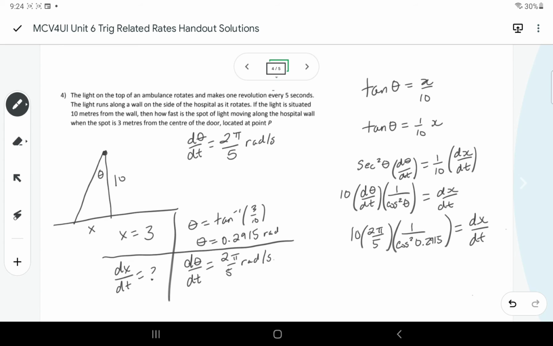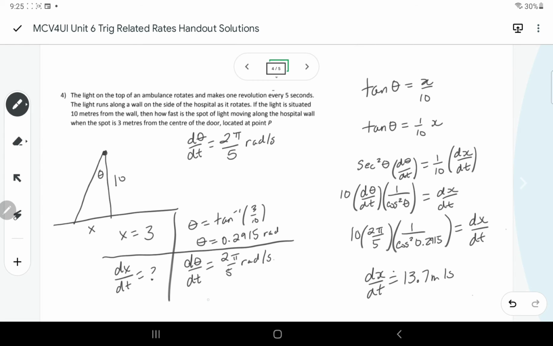So do the cos of the angle and then square it, even though we write that squared after. But I get dx dt equals about 13.7 meters per second.